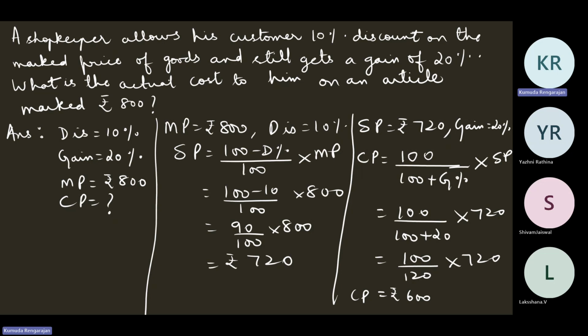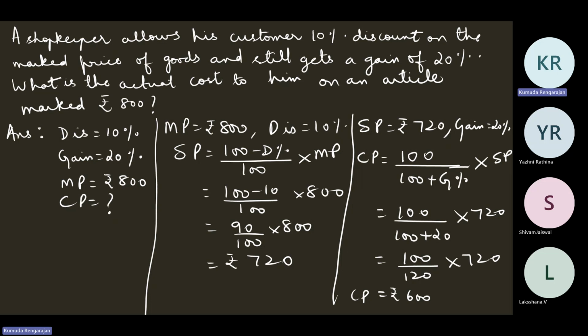So the shopkeeper buys that article for 600 from somebody. Having bought it for 600, he puts it in the shop with the tag showing 800 rupees. Then he says 10% discount, so we are happy. What is 720 rupees?